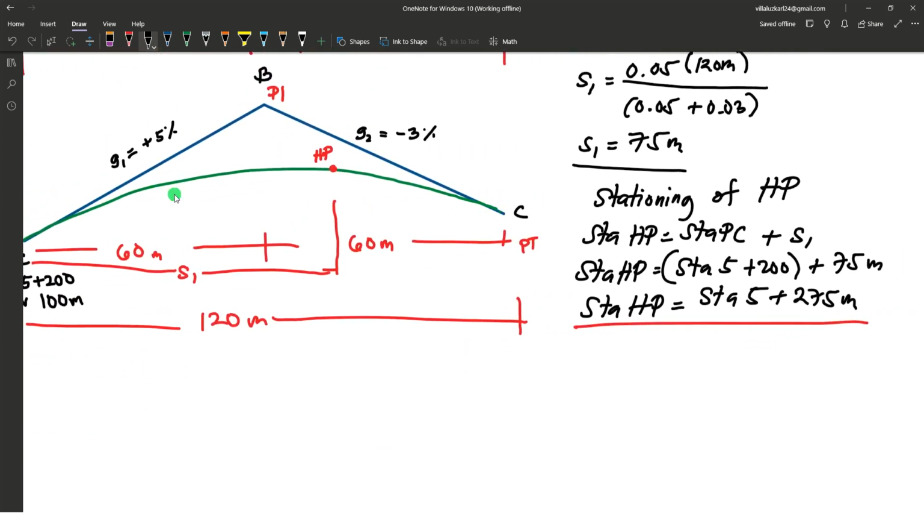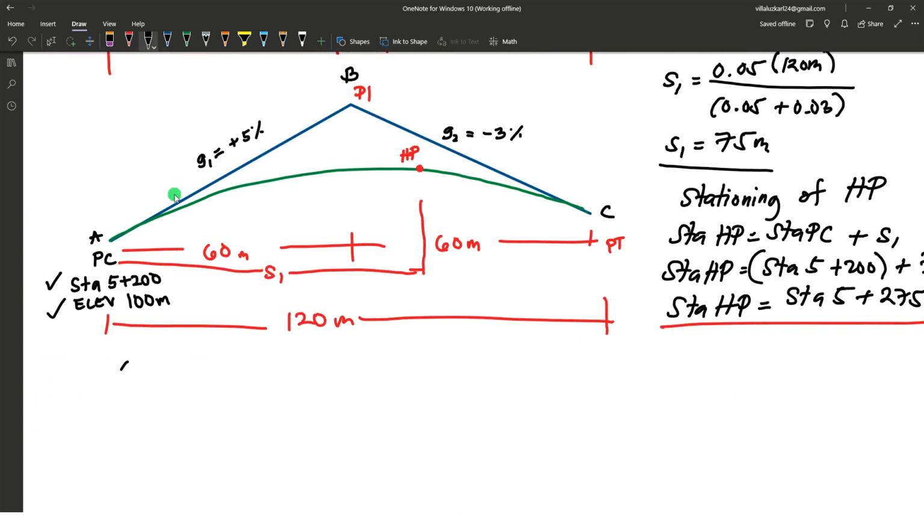Next, for the elevation, since we already have the location of the highest point, the horizontal distance, the elevation of the highest point is computed by determining the difference in elevation from PC going to the highest point. You use blue here, this vertical distance. So that's H1.